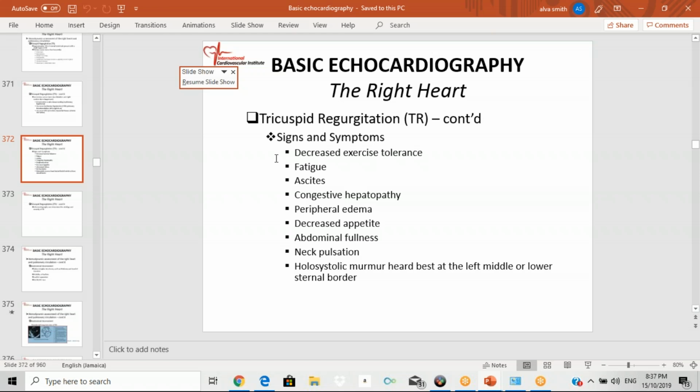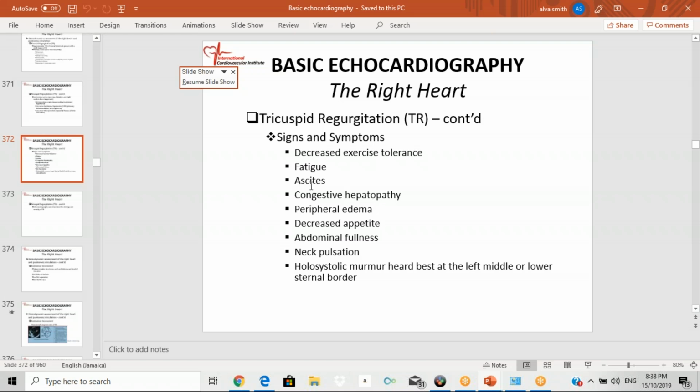You get enlargement of the liver capsule because the hepatic vein will be engorged. So the patient will present with what we call congestive hepatopathy. So the liver will be enlarged and tender. Okay, you can feel it.